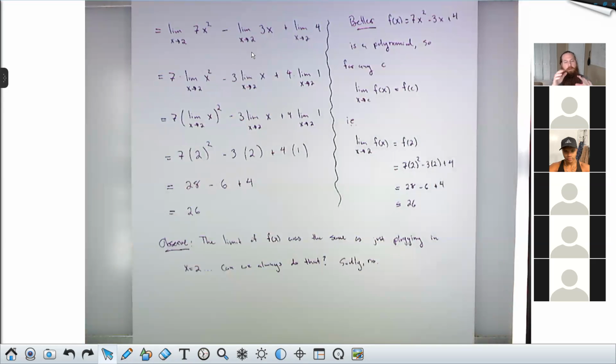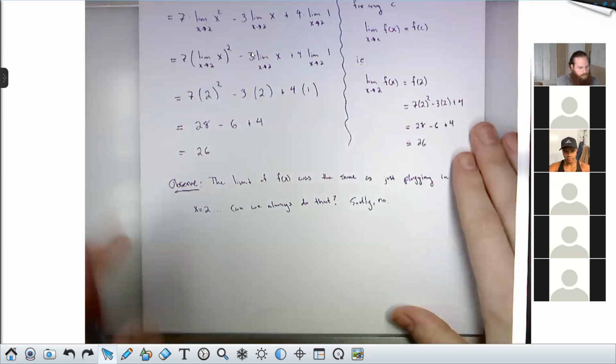And this is why so many of the graphs that we were looking at in last week's homeworks had holes. Remember where holes come from in graphs. Usually there's a factor top to bottom that cancels, and that's where you get a hole, stuff like that. So what we need to do is figure out how to handle those situations. And there's a nice result that's going to allow us to handle those.